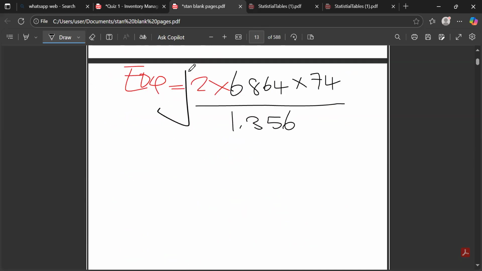So our economic order quantity is the square root of 2 times 6864 times 74 divided by 1.356.